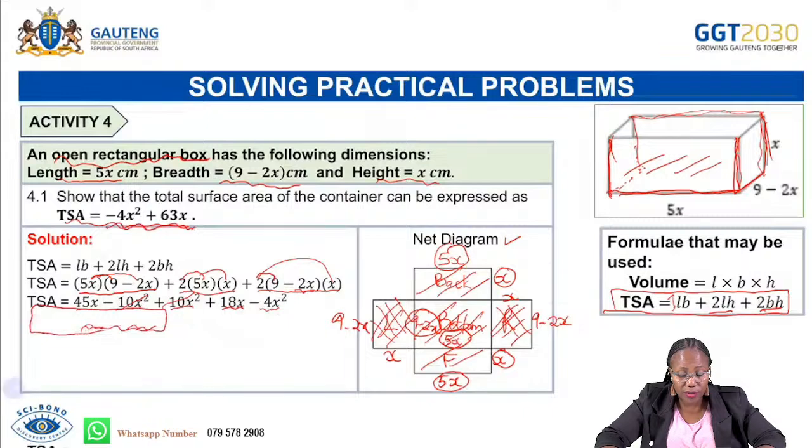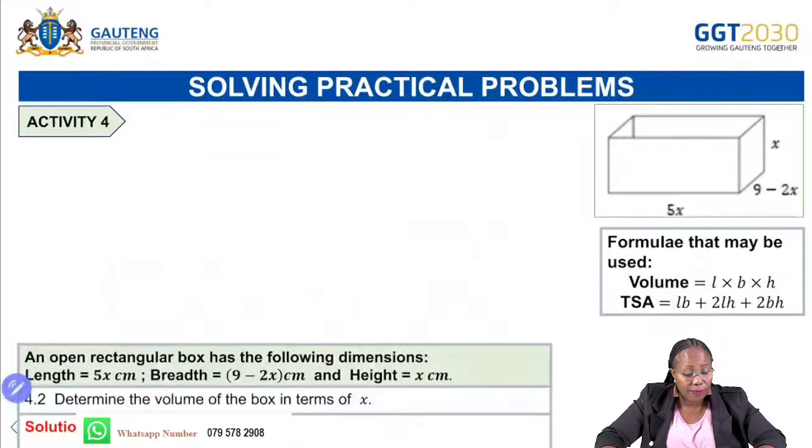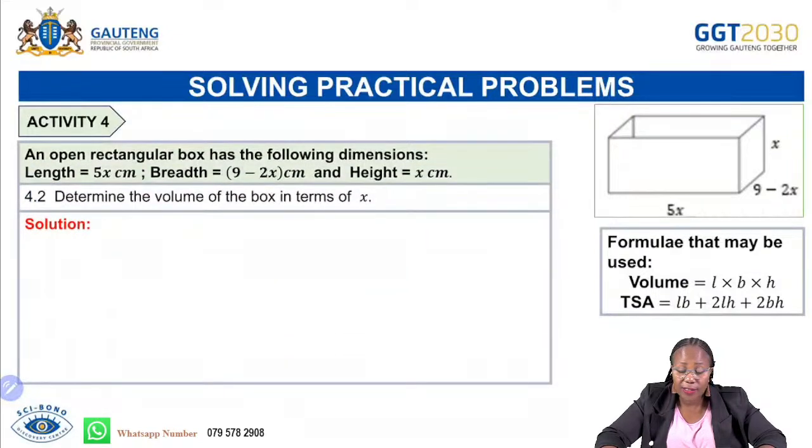Moving on to the next question, we have our answer then. And now activity 4, we are still on an open box. We want to determine the volume of the box in terms of x now. Remember, we have the volume from the total surface that we have calculated previously. In this case, we are determining the volume.